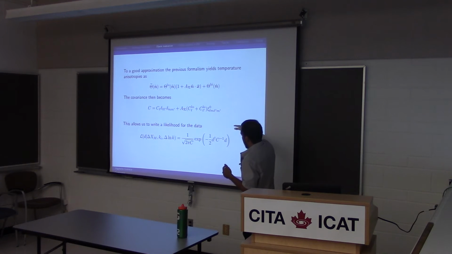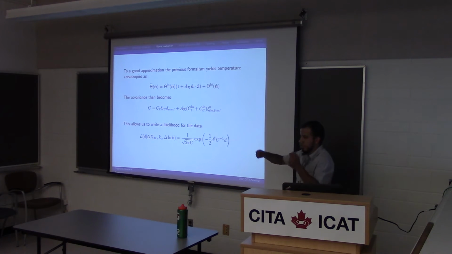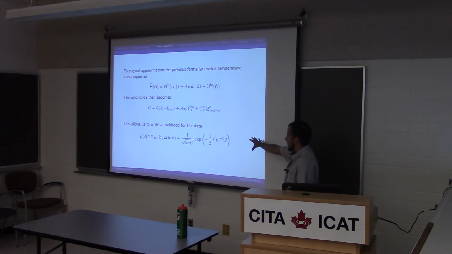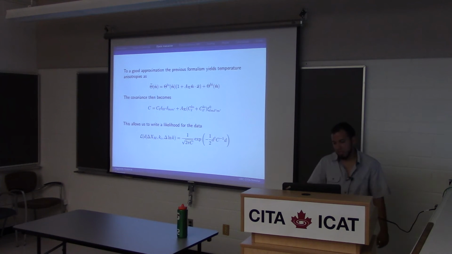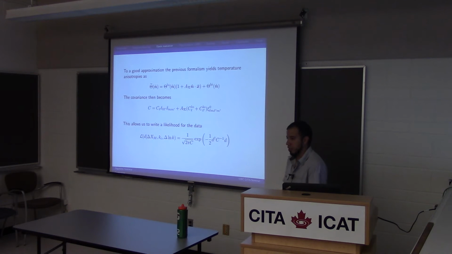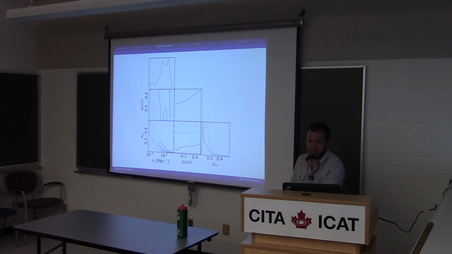So once I've done this, I know what the covariance looks like, and so I can write down a likelihood for the data, and I can fit the data, and I can use those parameters to look in other modes. So the first thing to do is to fit the temperature data.